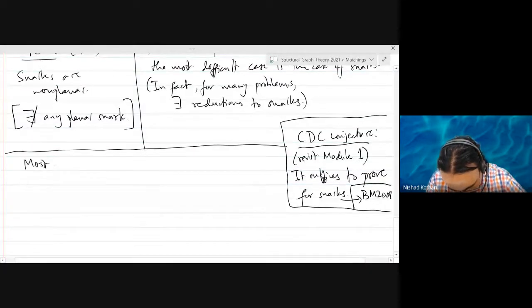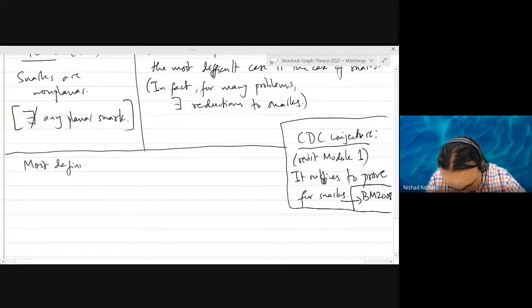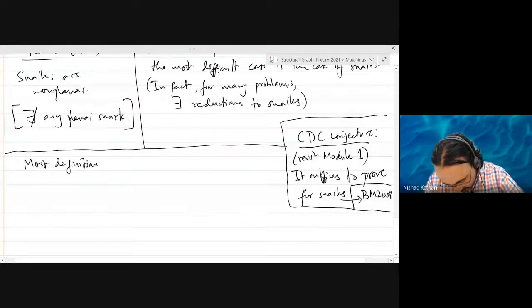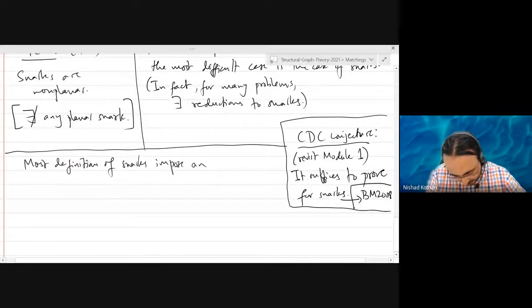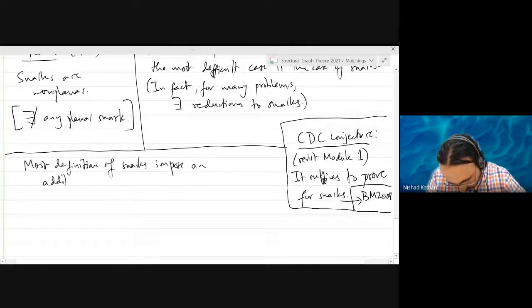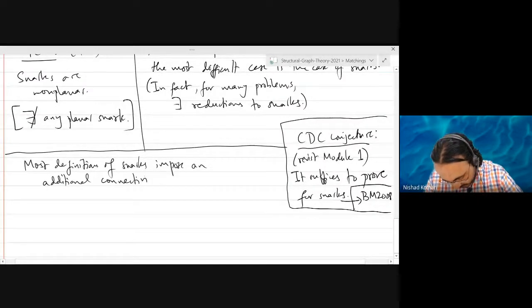Most definitions of snarks impose an additional connectivity condition. So let me try to explain to you what this means.